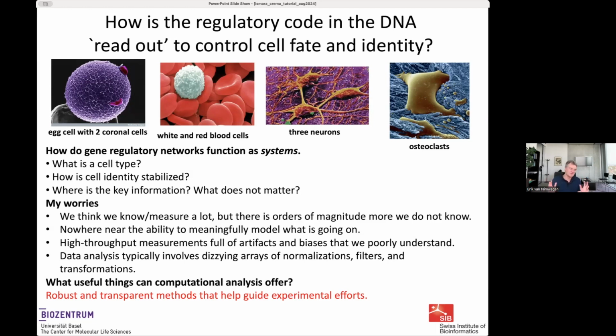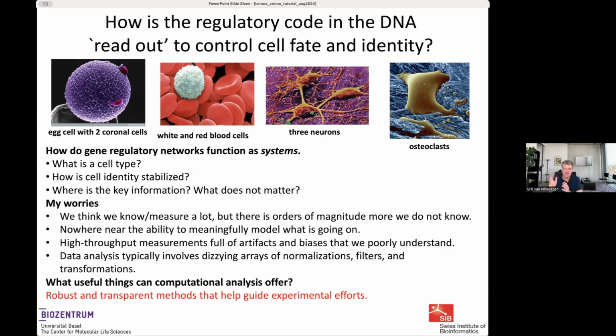So then the question is, okay, well, you say it's a hard problem. What useful thing do you think you can still do? And I think the best thing we can do with computational analysis today is to basically develop methods that are robust, that are transparent, that are as simple as we can make them, to simply extract from the data useful information to make useful hypotheses that can then help guide experimental efforts.